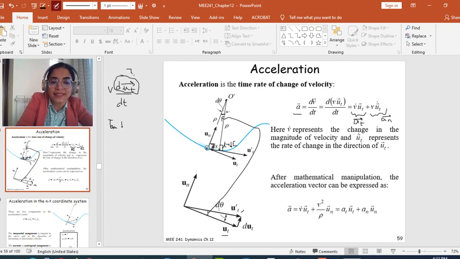You can say what is d theta directly, because in fact, if an angle is very small, I can say that the tangent of this angle is equal to the angle itself, alright? Now, what is the tangent of d theta? Tangent of d theta is equal to dut over ut.